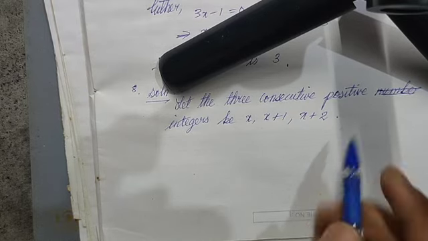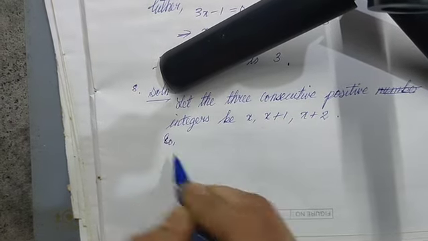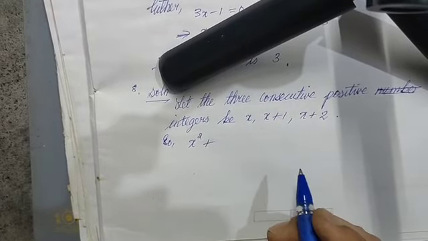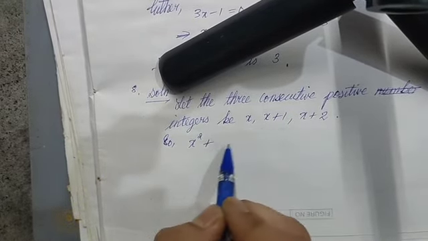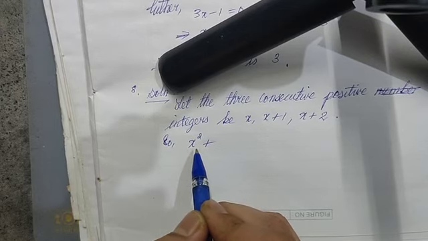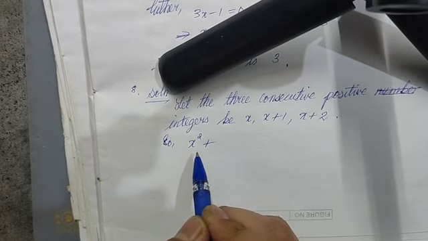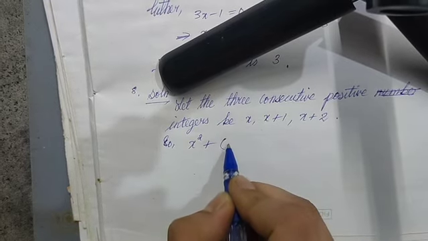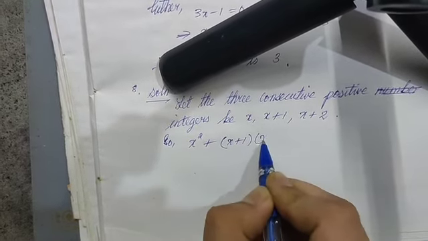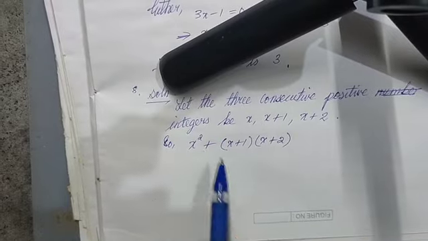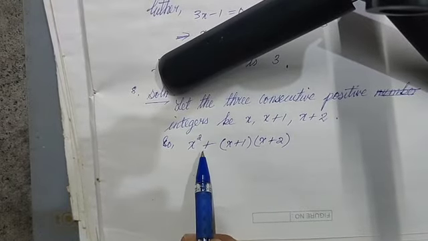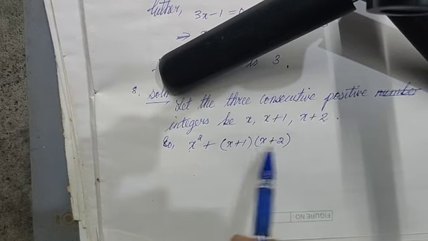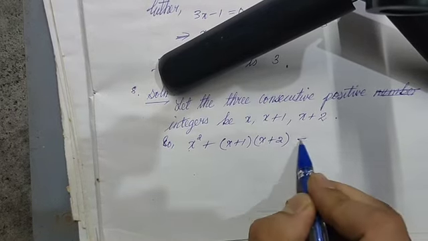The sum of the square of the first, that is x squared, and the product of the other two, multiply x plus 1 into x plus 2, is 154.